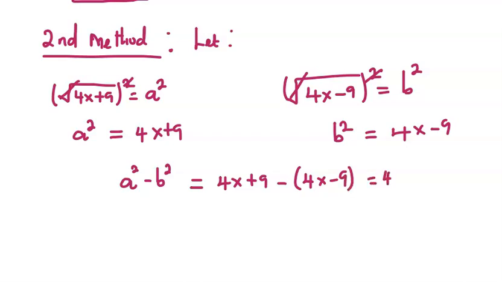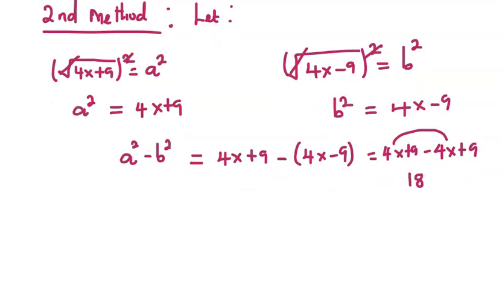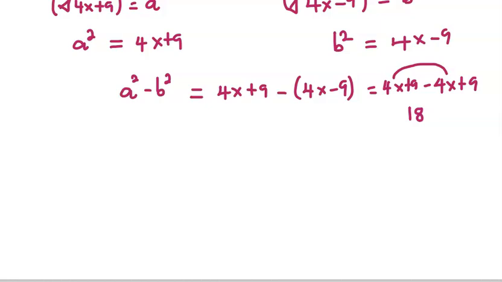So this will be equal to 4x plus 9 minus 4x, then plus 9. Is that true? Yes. So we know that 4x minus 4x from here is 0, and we have 9 plus 9, which is equal to 18.